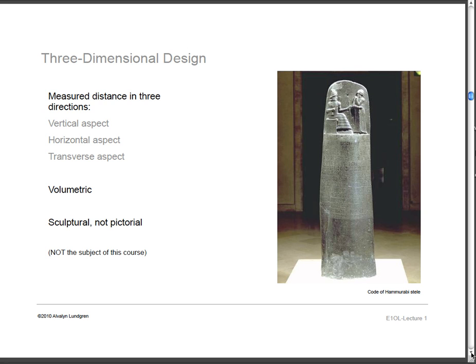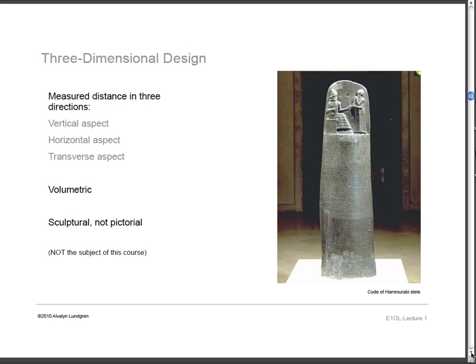It's what you move around and move through. And so there's a horizontal aspect, there's a vertical aspect, and then the depth is the transverse aspect. And again, you're measuring distance in 3 directions. Three-dimensional design deals with true volume, and it's considered what we call sculptural rather than pictorial.